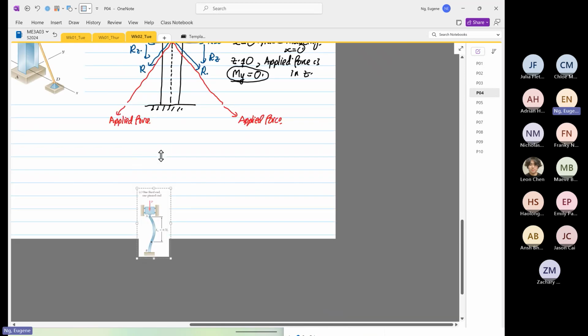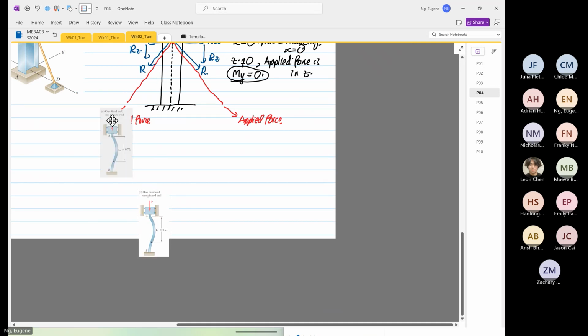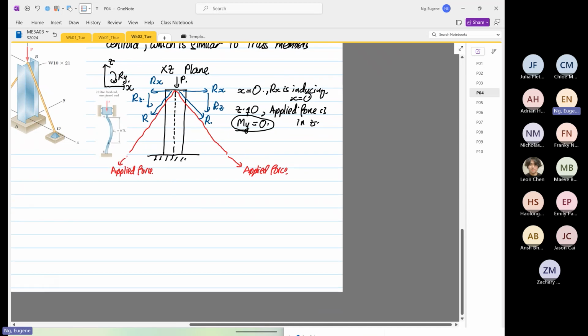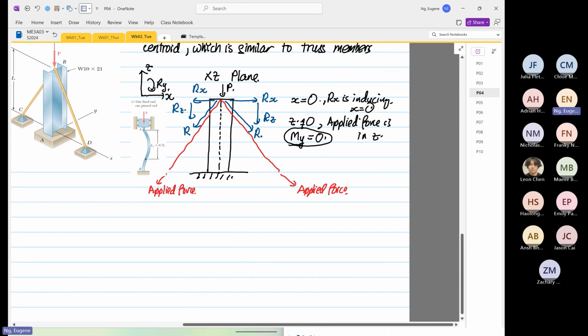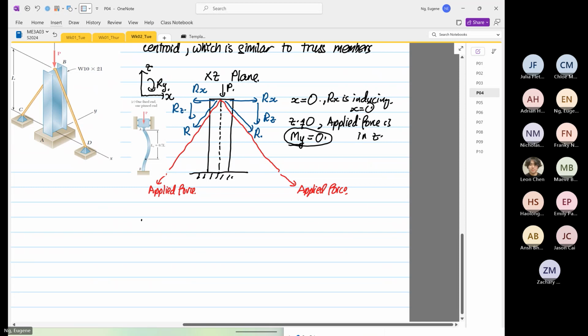So this is the same as what you have over here. So when that's the case, LE is equal to 0.7 L. Okay, LE is equal to 0.7 L.